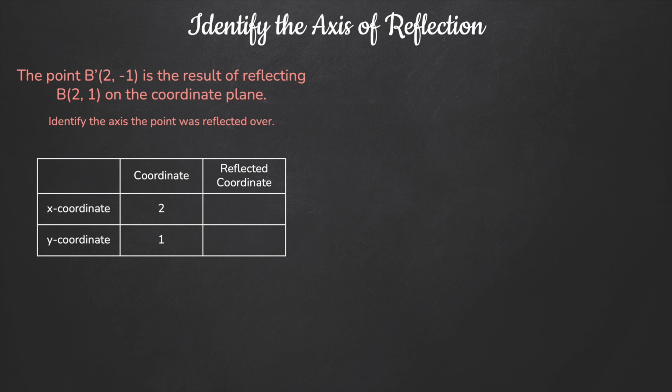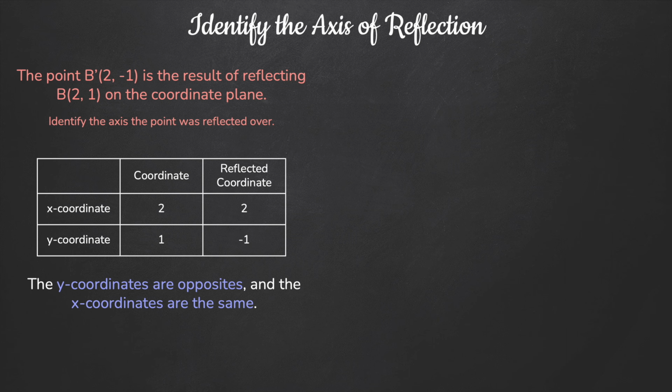We know that B prime is the reflection, and the x-coordinate for B prime is 2, and the y-coordinate is -1. The y-coordinates in this case are opposites, and the x-coordinates are the same. This means point B was reflected across the x-axis.